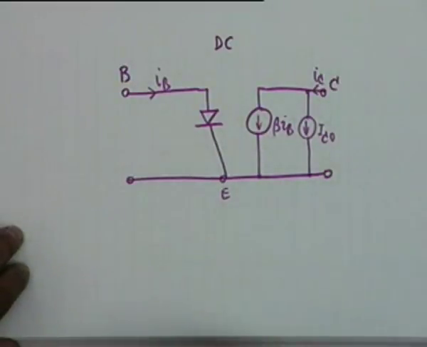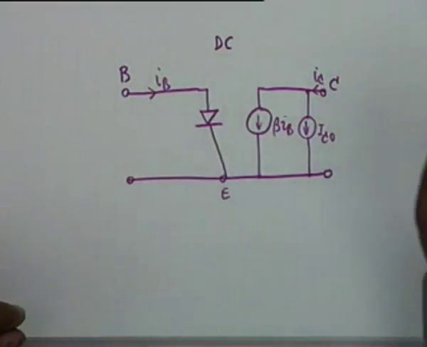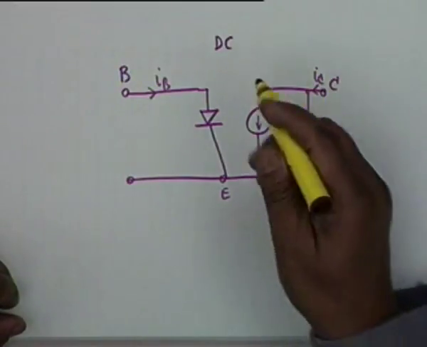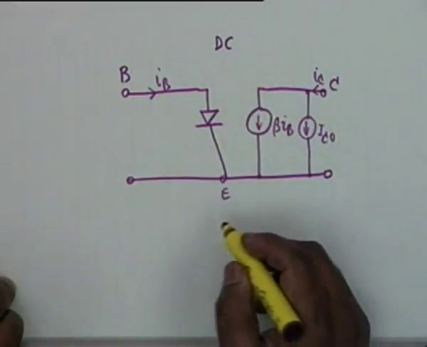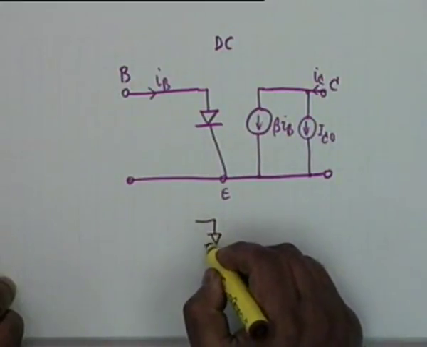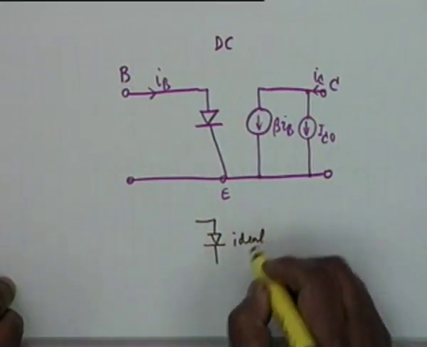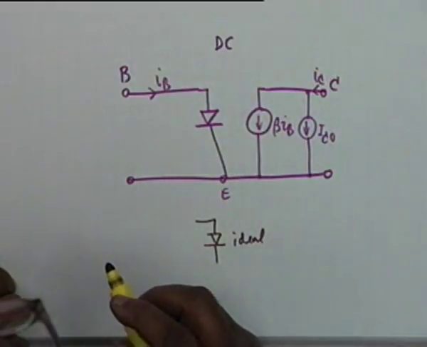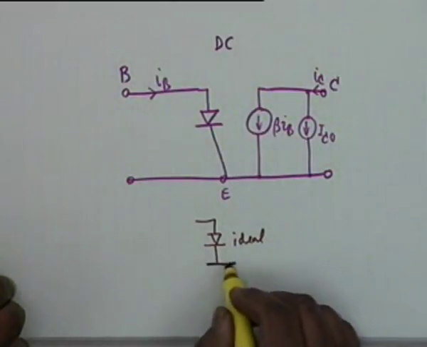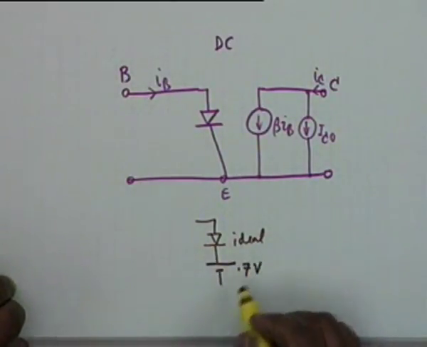This is the DC model that we shall be using for a common emitter bipolar junction transistor. If you so desire, this diode can be replaced by an ideal diode. You must write ideal, and what else? A 0.7 volt battery.